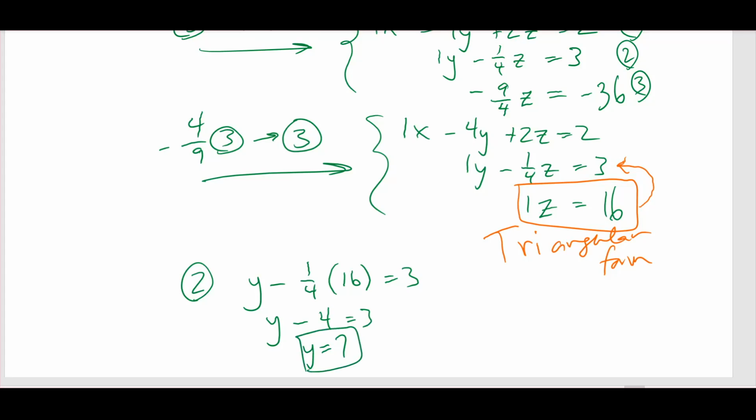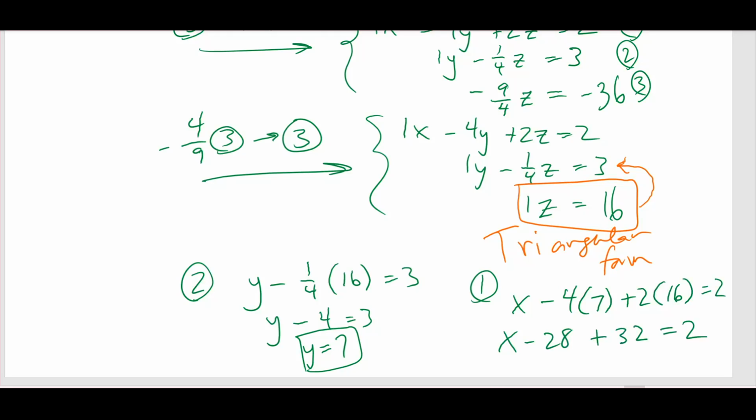Okay, that's great. So we got z is 16, y is 7, and plug them both into equation 1. So we've got x minus 4 times y plus 2 times z has to be 2. And we can solve this. We've got x minus 28 plus 32 equals 2.